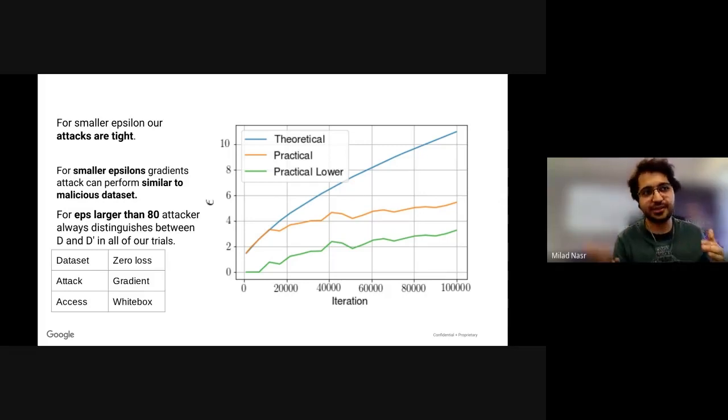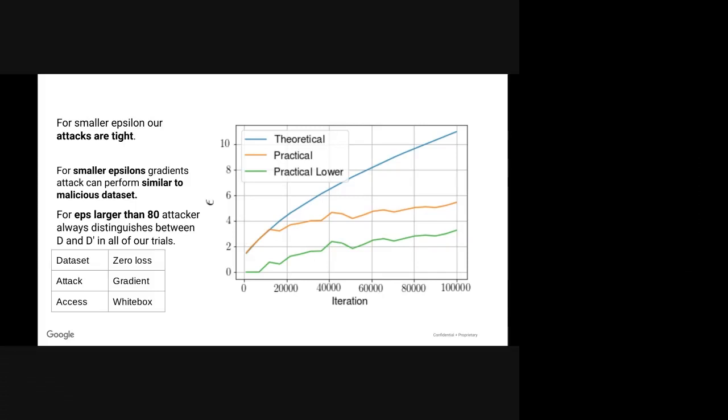It's a very good result because it shows that the DP-SGD bounds are very tight. It also says that if the adversary can modify the training data set, it can leak a very large amount of information from the data, up to the DP-SGD bound.